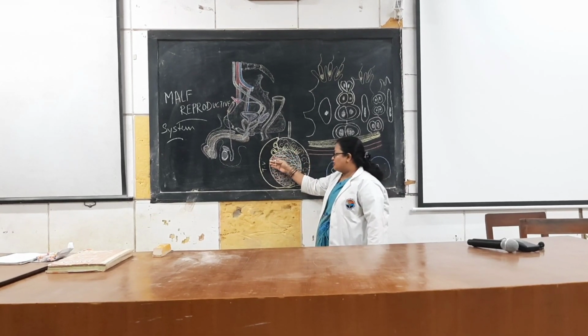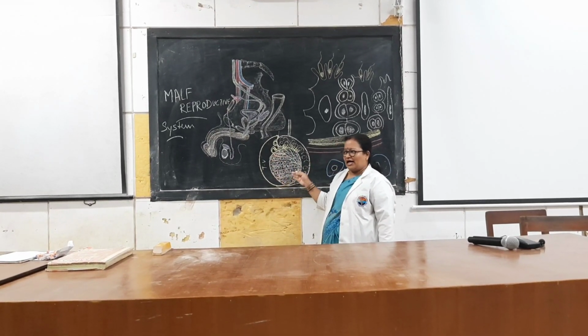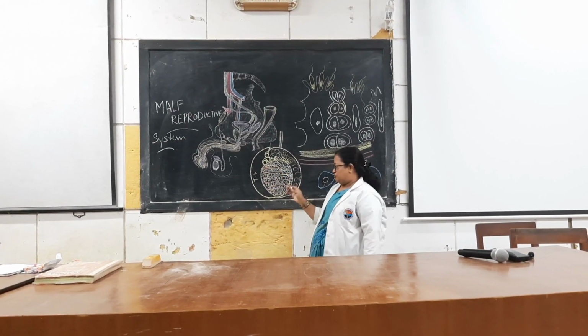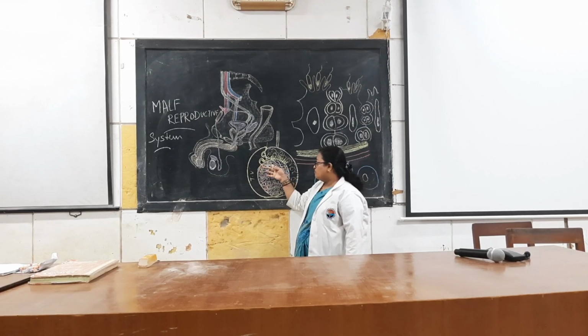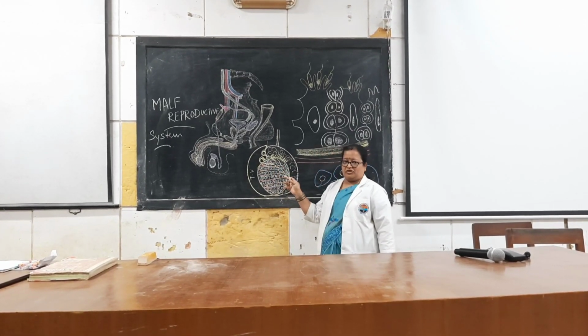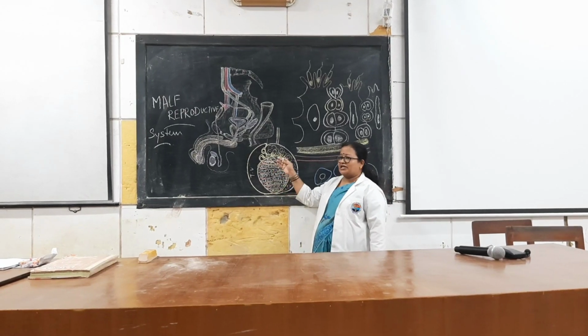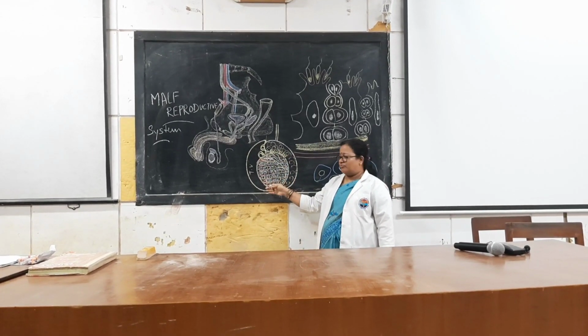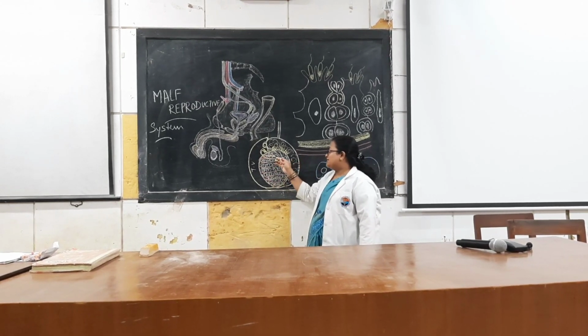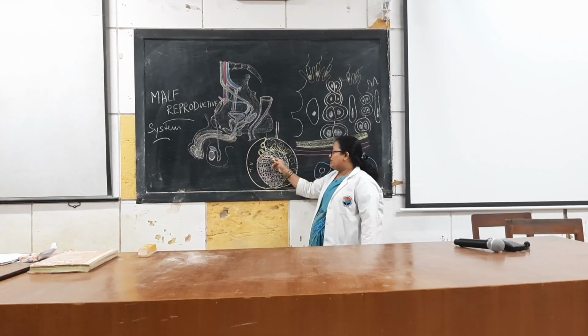So the septa arise from the tunica albuginea and divide the testis into lobes and lobules. Within each lobule, we find seminiferous tubules. There are approximately 200 to 400 lobules within each testis.